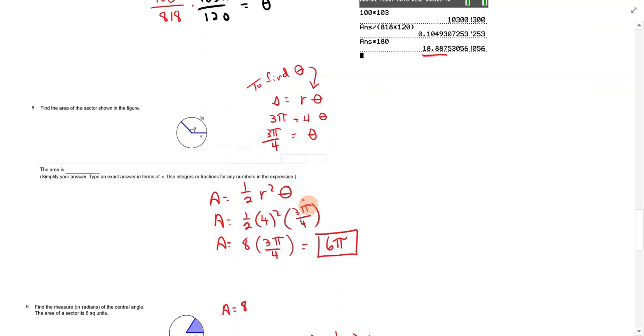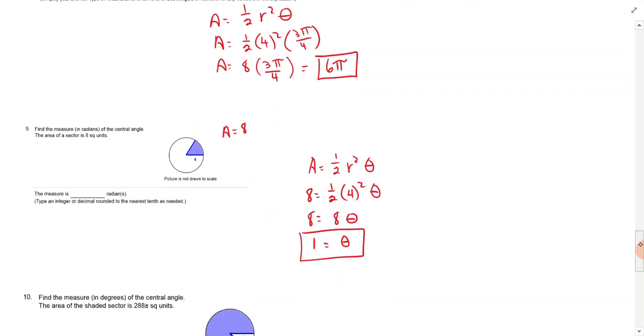Then to get the area formula, we plug in the radius, which is 4, so 1/2 times 4 squared times 3 pi over 4. 4 squared is 16, half of 16 is 8. So 8 times 3 is 24, divided by 4, we get 6 pi for a final answer.